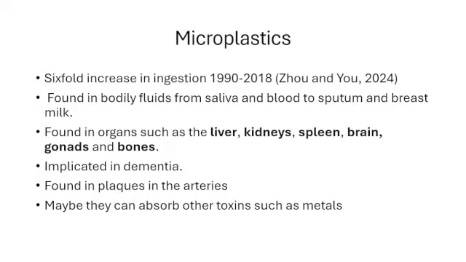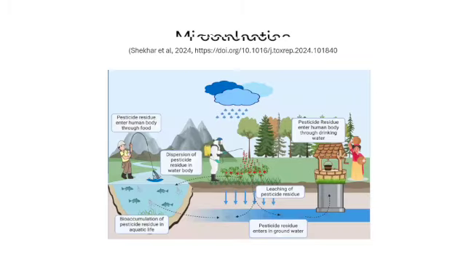What else have we got in the Chamber of Horrors tonight? Oh, pesticides, of course. These observations and those on subsequent slides come from a piece I found in Toxicology Reports, the journal, by Shekhar et al. in 2024.